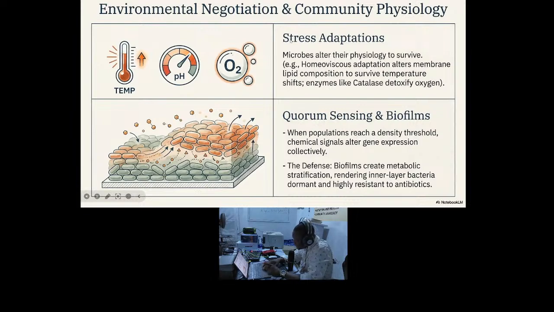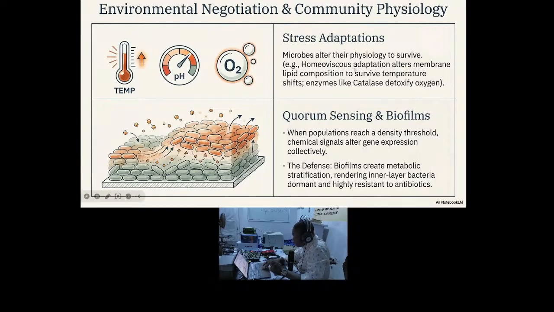That is a stress adaptation. Once these three environmental conditions are prevailing, microorganisms must look for a way to adjust their metabolic pathway in order to survive.